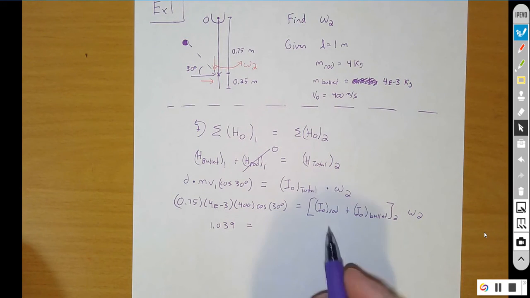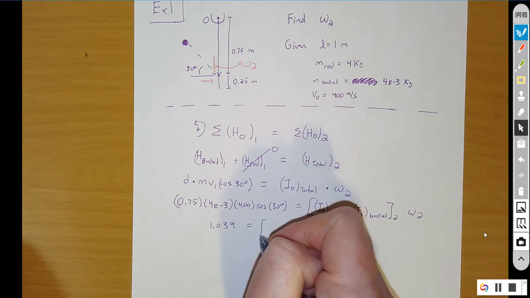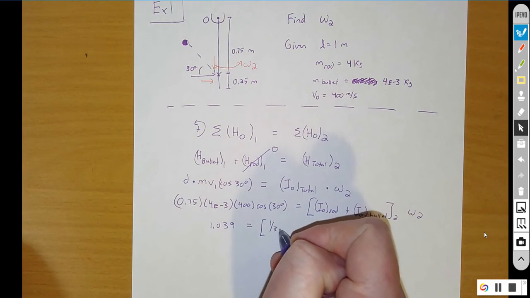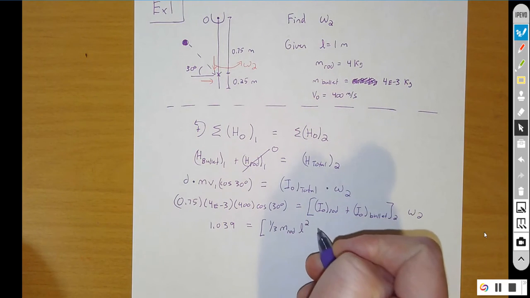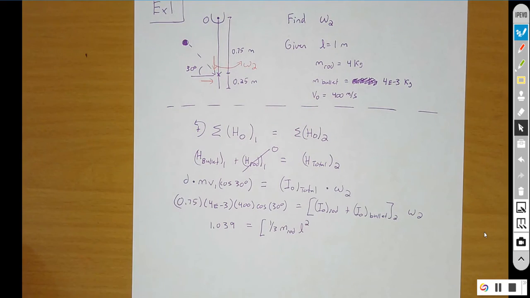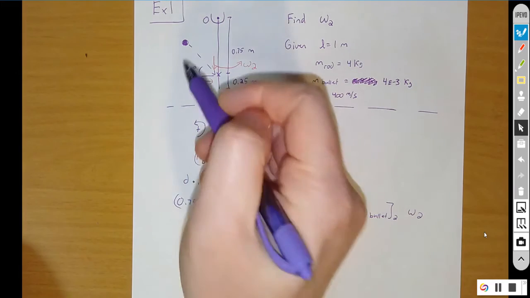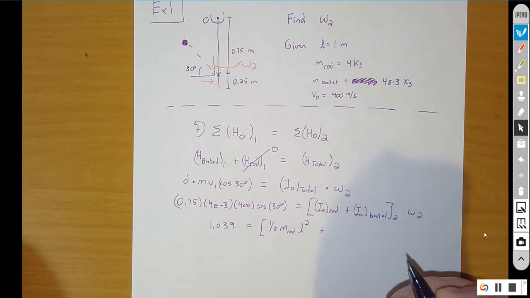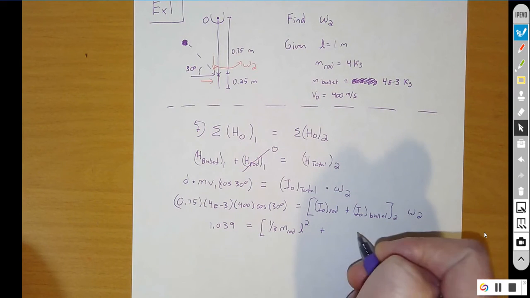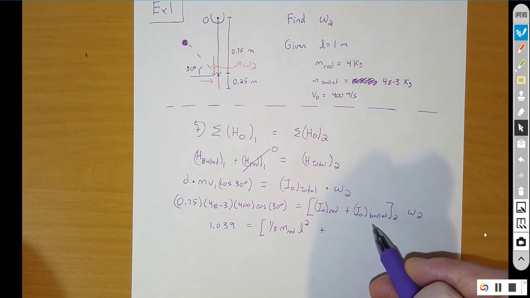So I naught for the rod, well, that's a slender rod about a fixed point. So if you go in the back of your book, you're going to find that we can model this as 1/3 m rod L squared. So 1/3 m L squared. For the projectile, this is going to be a little bit odd.